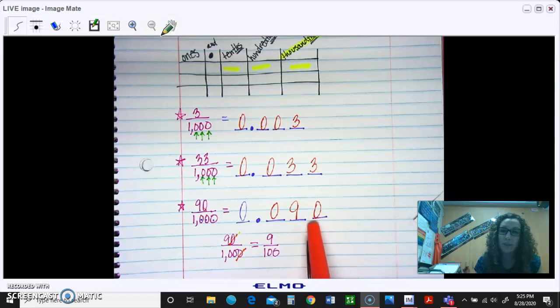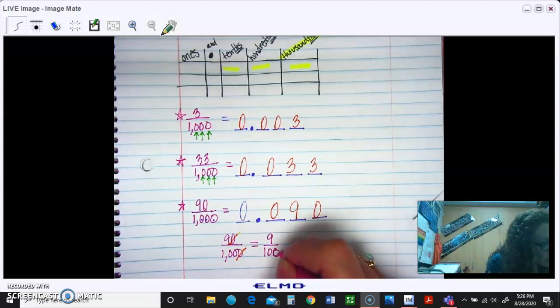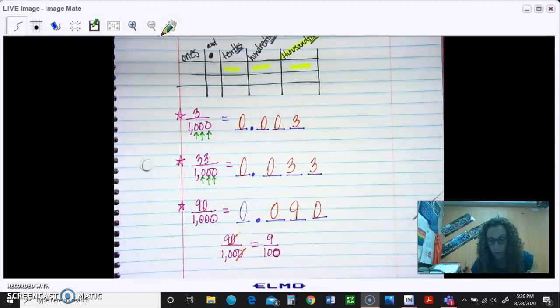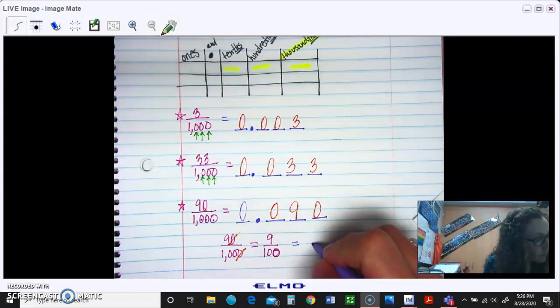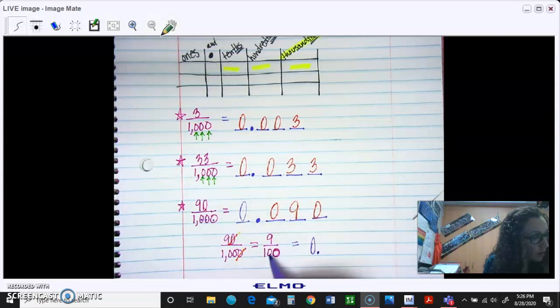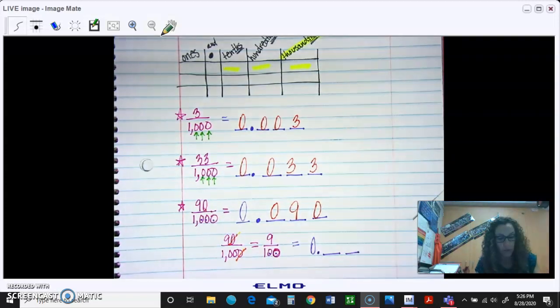So to convert the 9/100ths to an equivalent decimal: no whole number, there's only 2 zeros, so it's 2 spots after the decimal.